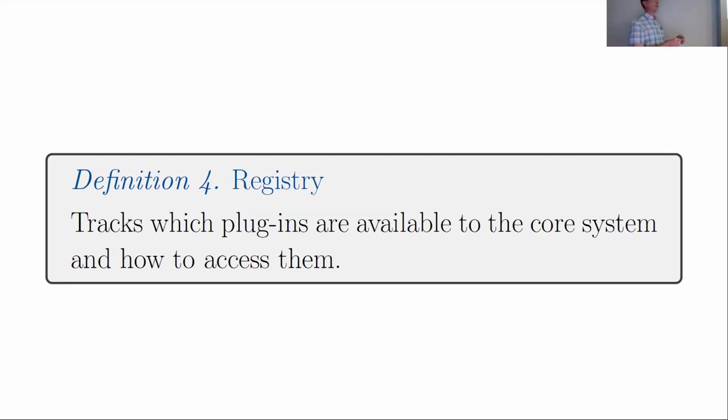I can install the core system and then the plugins I want around it. And someone else can install the core system and a different set of plugins and get different behavior from the system. So it's a composable system, and we need this registry to know which plugins are available, so what services are available to deliver the functionality of the system in this particular instance.